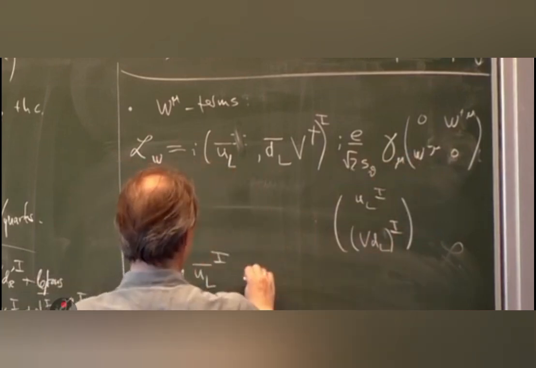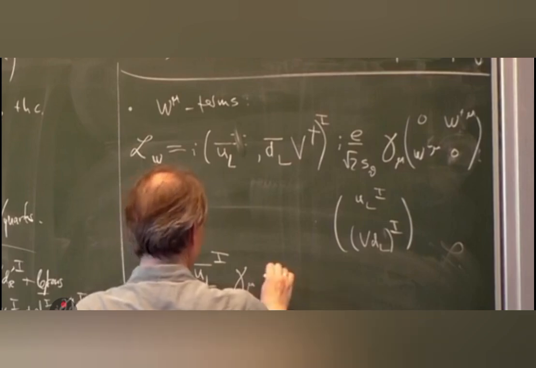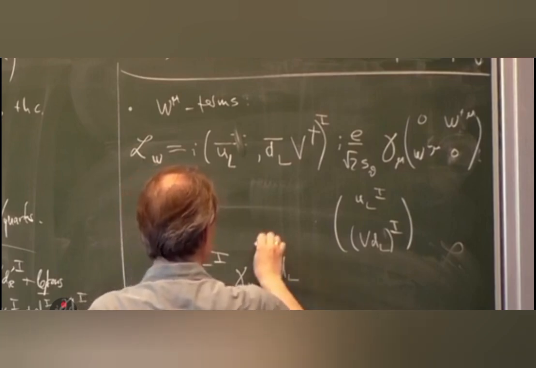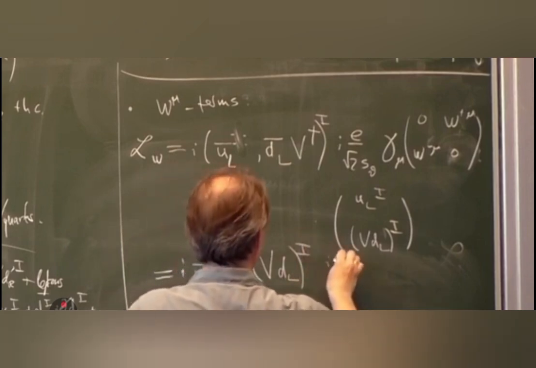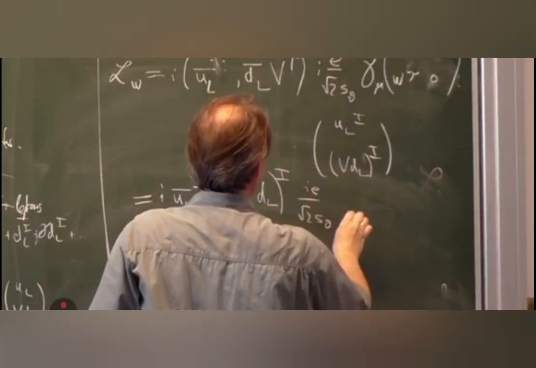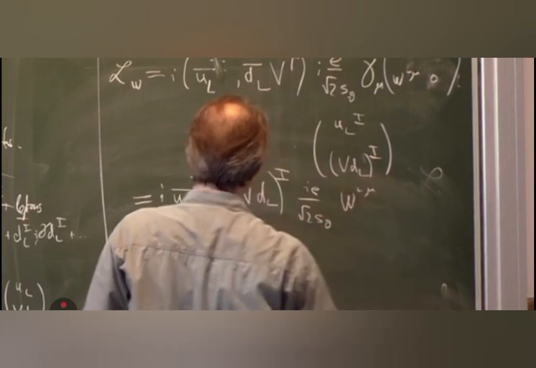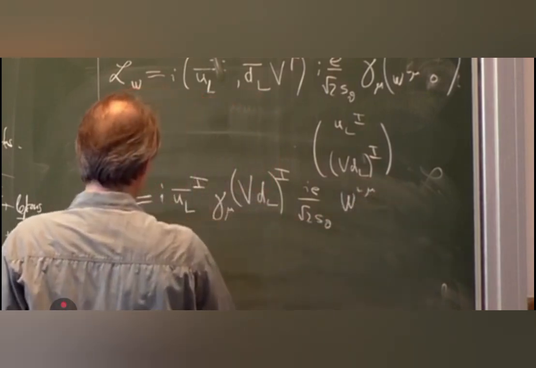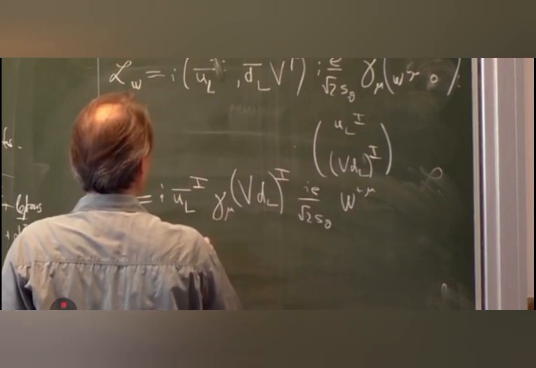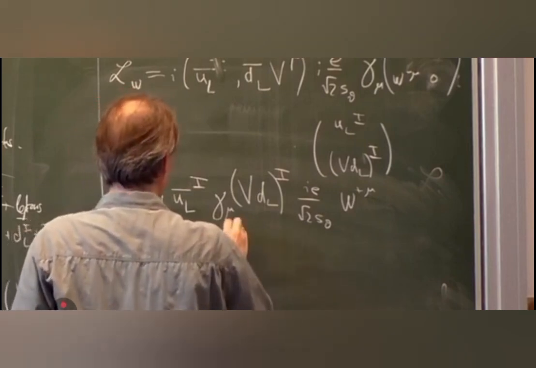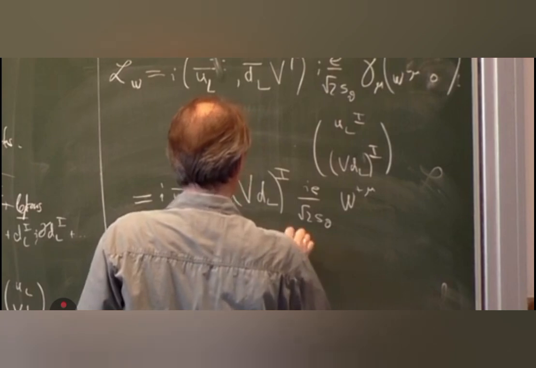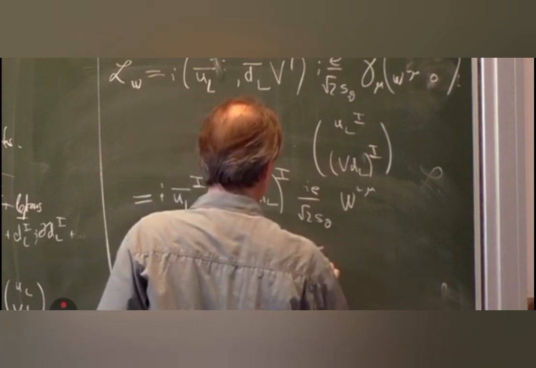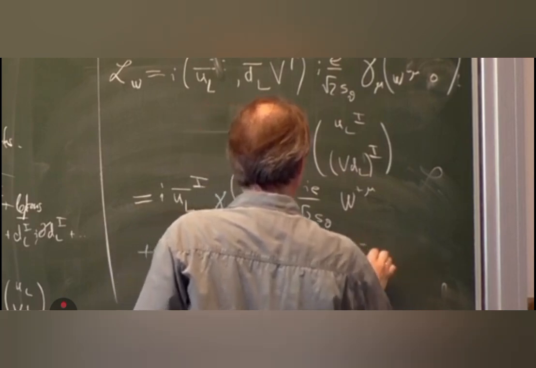So we get this times γ^μ times V d_L overall index i times i e divided by square root of 2 s_θ times W⁺_μ, plus the Hermitian conjugate, which is this i d̄_L V† overall index i γ^μ, then u_L^i times i e divided by square root of 2 s_θ times W⁻. So these are the two terms.